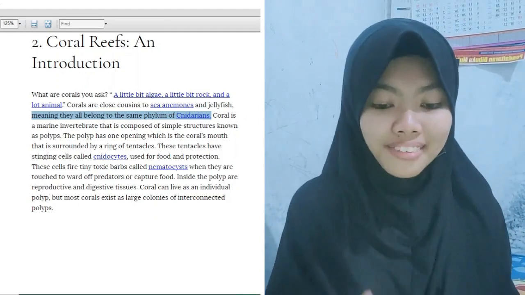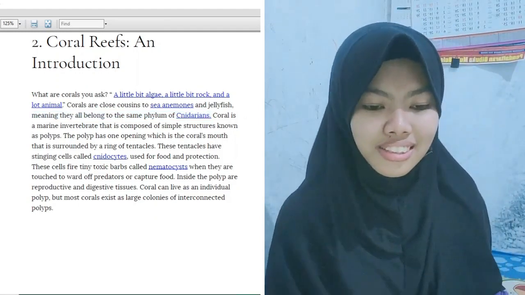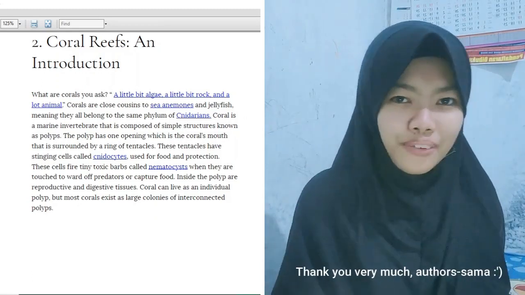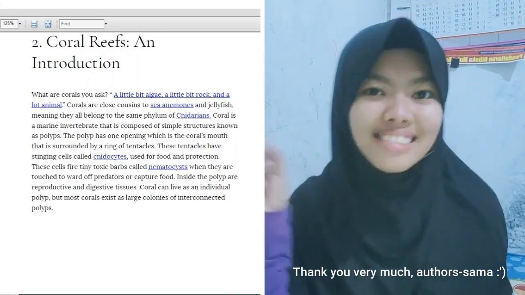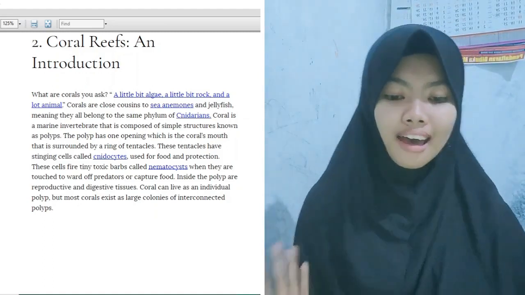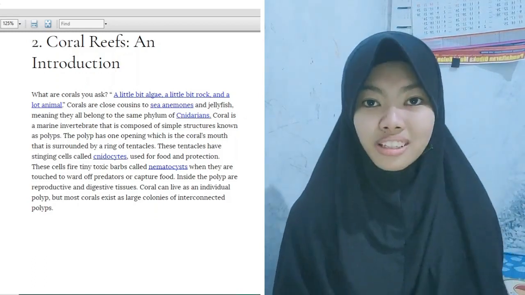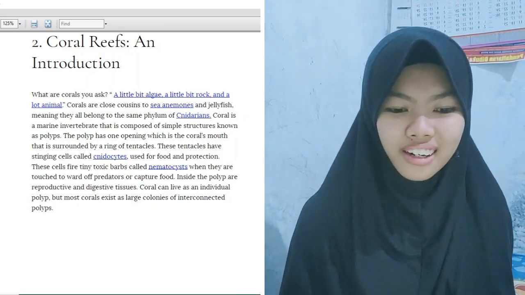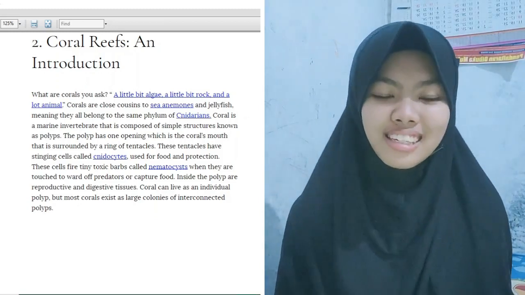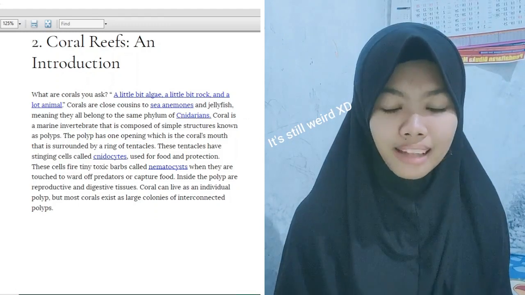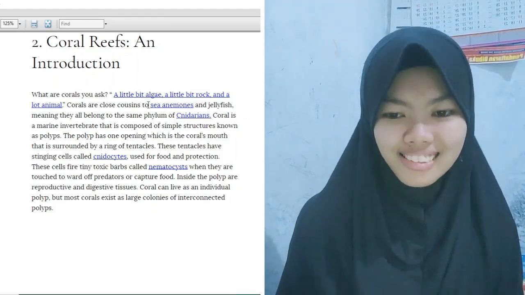But instead of that, this really introduced us with a really friendly, easy language. A little bit algae, a little bit rock, and a lot animal. So in conclusion, it's some kind of animal, but it looks like rock. It is often mistaken for a rock, and it is a little bit algae, a little bit plant. Okay, that's it.